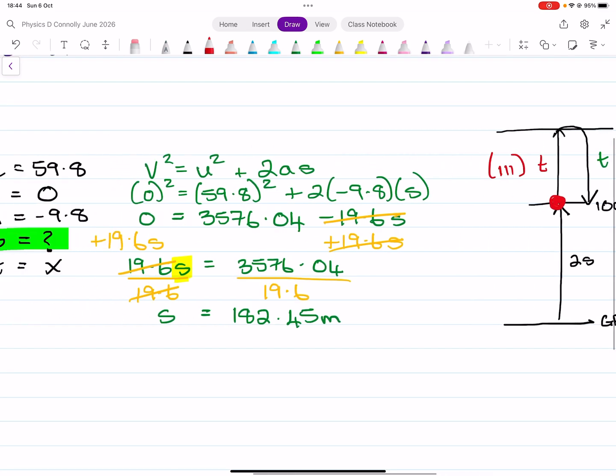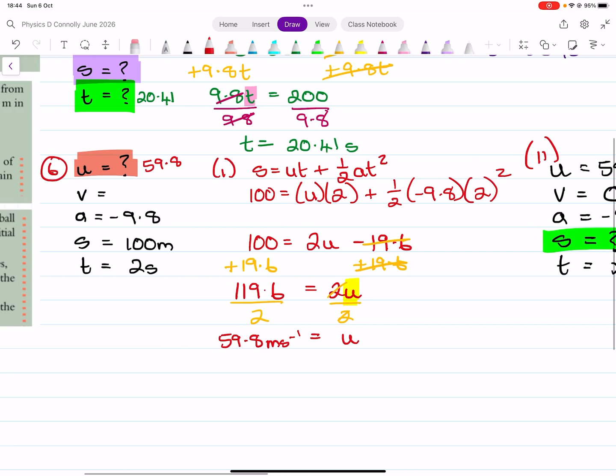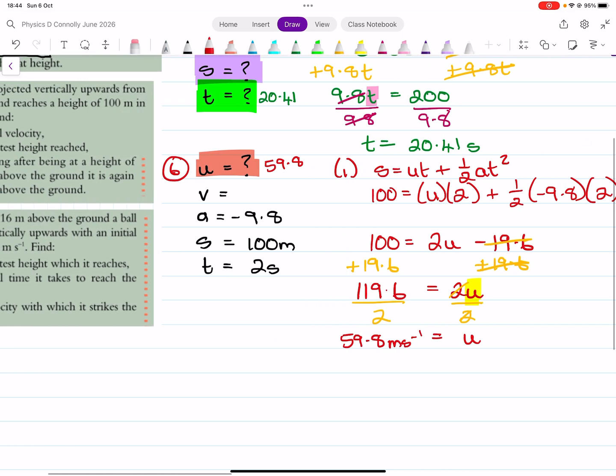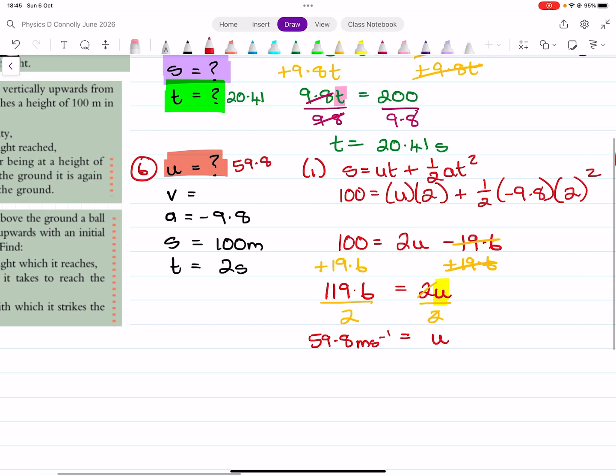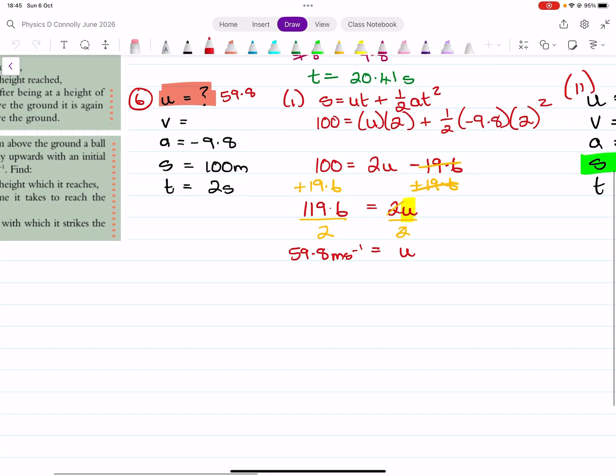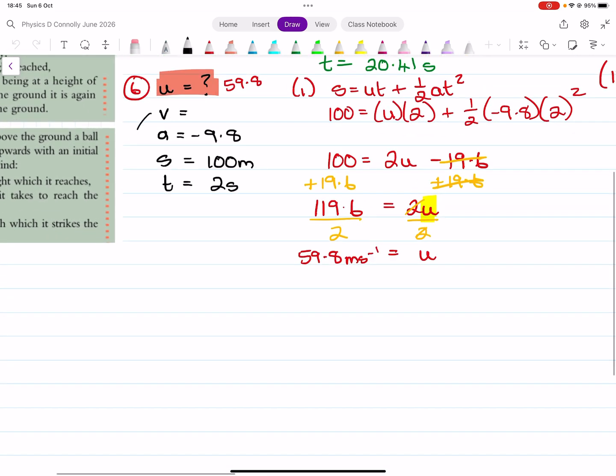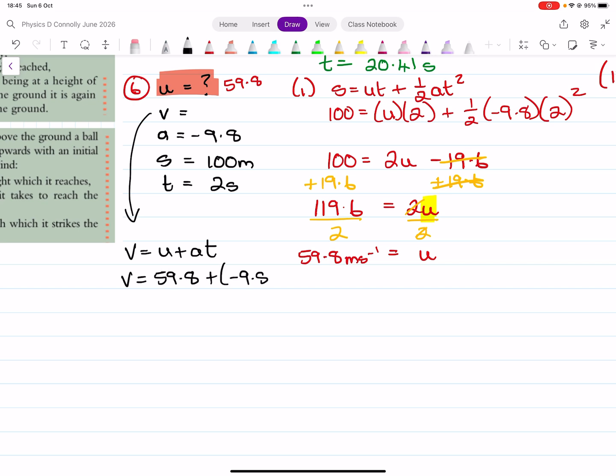So do we know the initial velocity there? Did we figure that out? No. So the 59.8 is the initial velocity from the ground. Now we could probably figure it out because we have a lot of information. Like if we took here, v equals u plus at, v equals 59.8 plus minus 9.8 times 2.